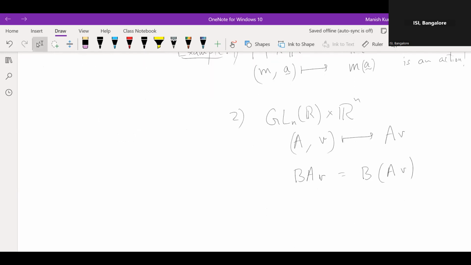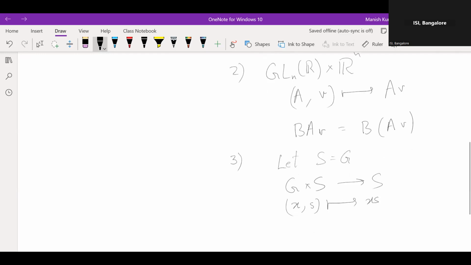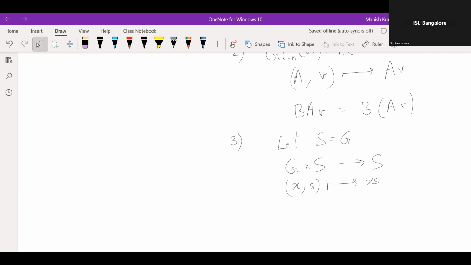One more example, which if you have seen group action, you must have seen. Let S equal G itself, and consider the action G cross S to S. What you do is X comma S, you send it to X times S. X times S makes sense because S is also G. So it's an element of S again, and this is again an action.